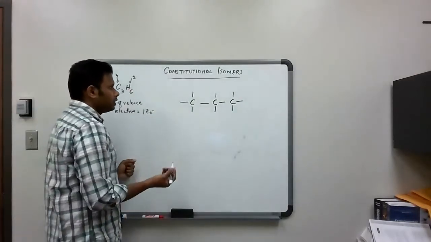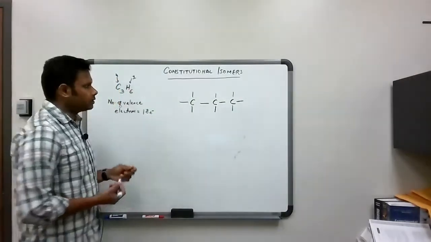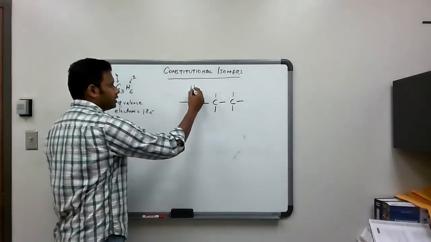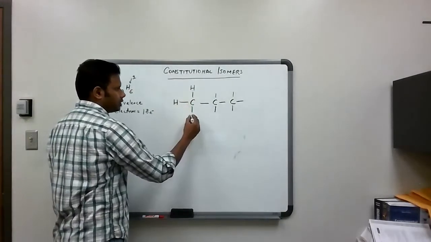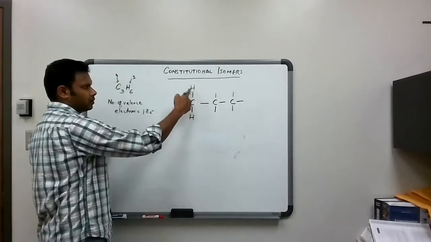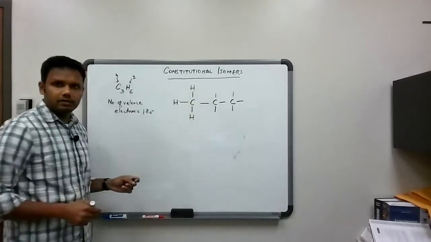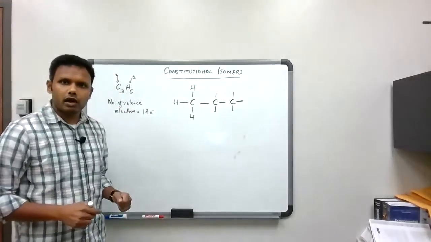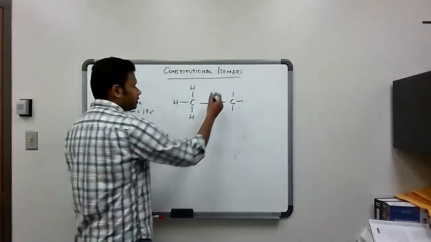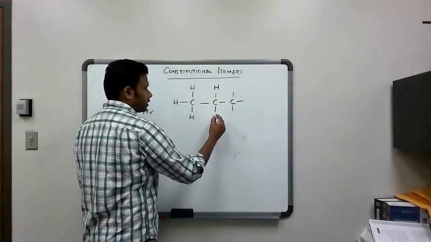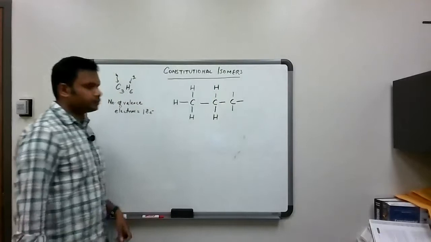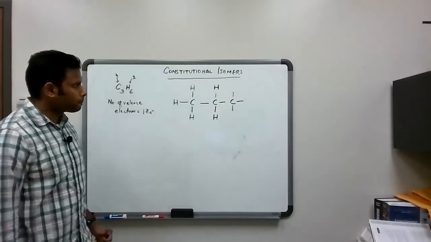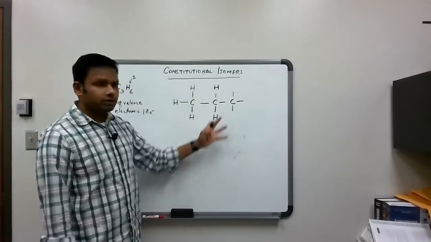So one possibility for those hydrogens is, let's go ahead and add 3 hydrogens on this carbon. So that kind of makes this carbon complete. We're left with 3 more hydrogens. So we could add 2 hydrogens here. Okay. And that's 3 plus 2, 5.